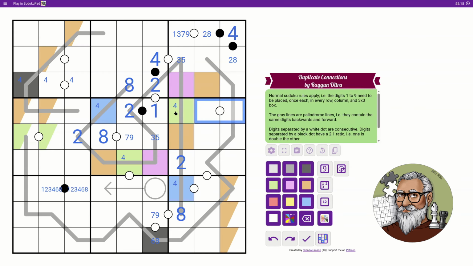How can I use that? How can I use that? I don't know. Oh, I know now that these aren't 4. So this could be 4, but if it isn't, it's one of these. If it isn't, it's one of these.